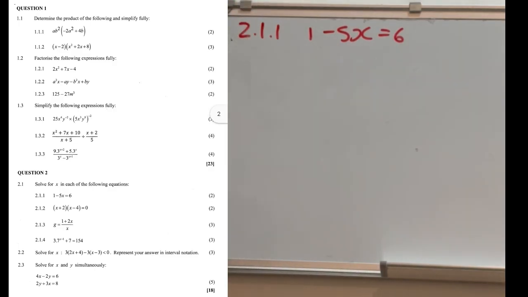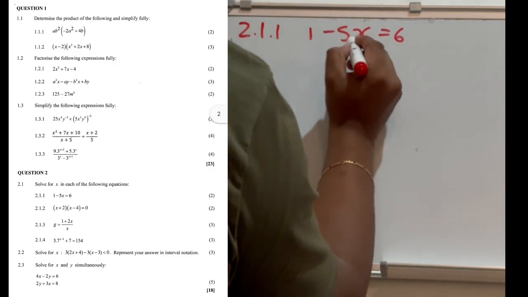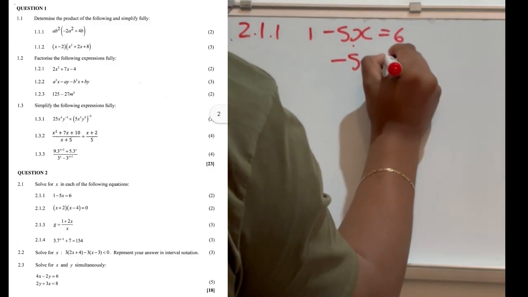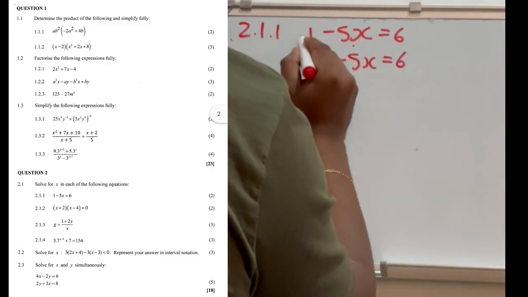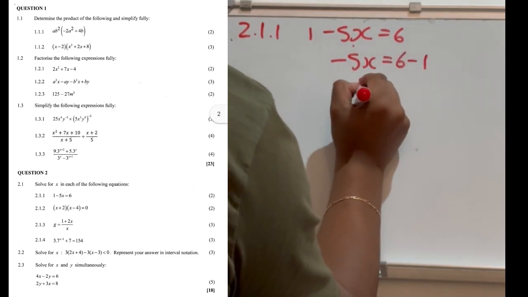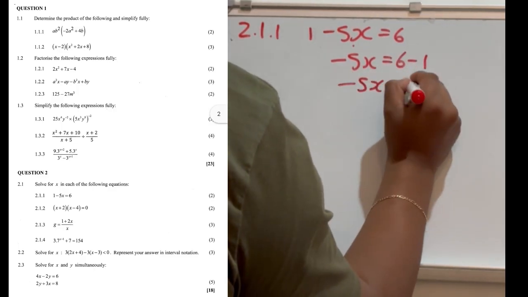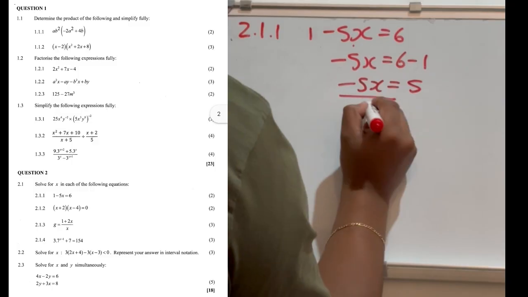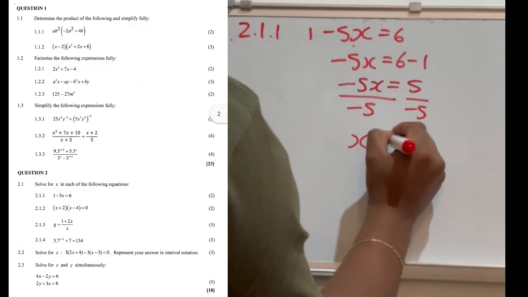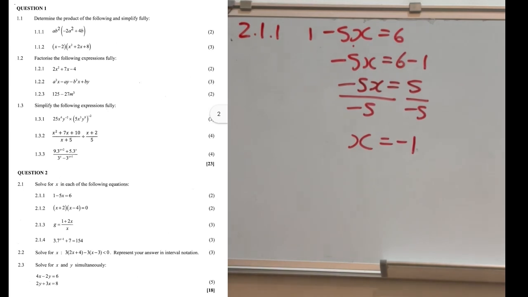So the first thing here is, we want all x's on one side and all the numbers on one side. So we're going to say minus 5x is equal to 6. If you take the 1 over, it becomes minus. So 6 minus 1, so it's minus 5x equal to 5. Divide both sides by minus 5. And x will then just be negative 1.